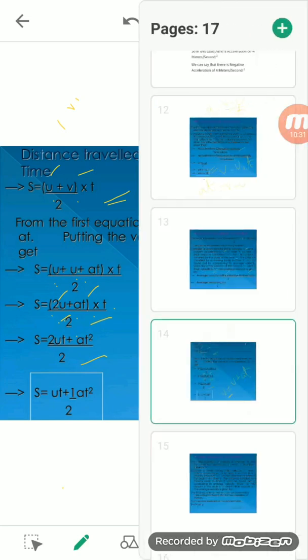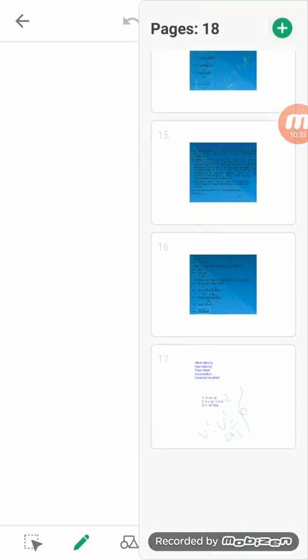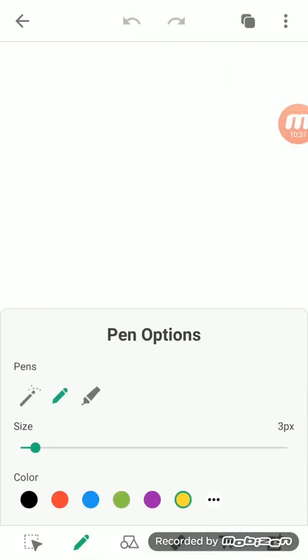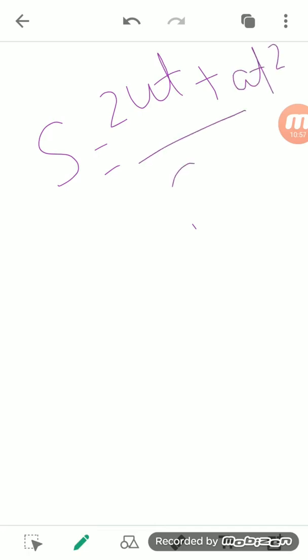Wait a second. Here S was equal to 2ut plus at square upon 2.